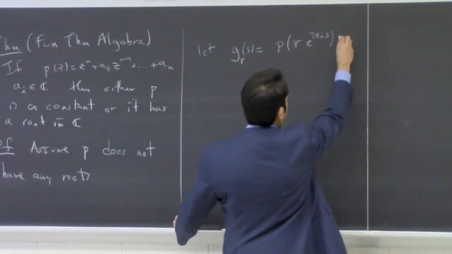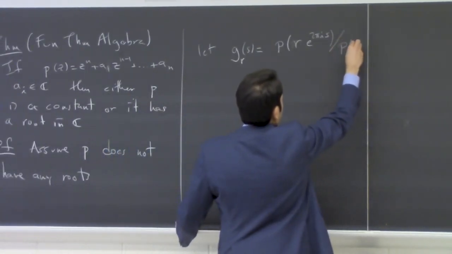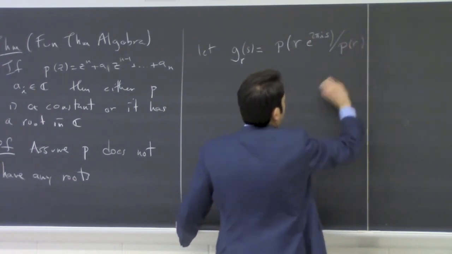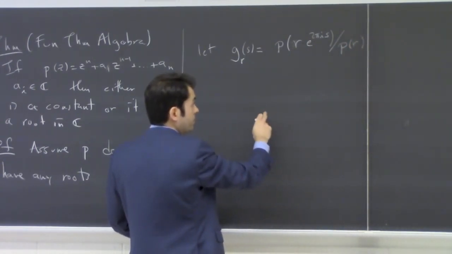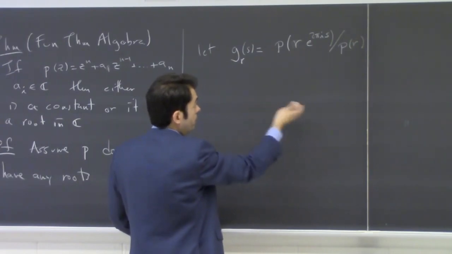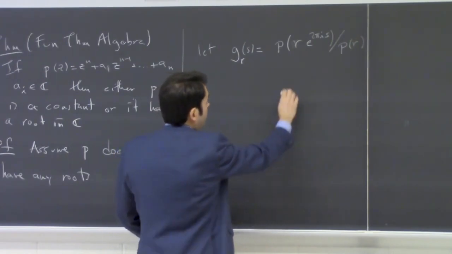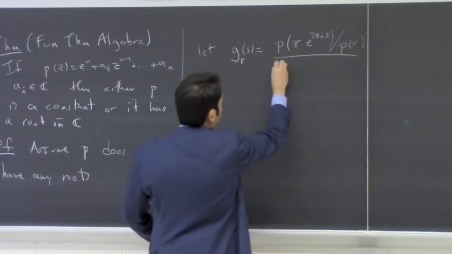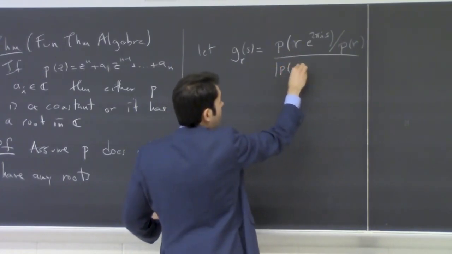But let's fix things so that you start at 1. So you start at 1 on the real line, and then let's fix things so that you stay on the unit circle.